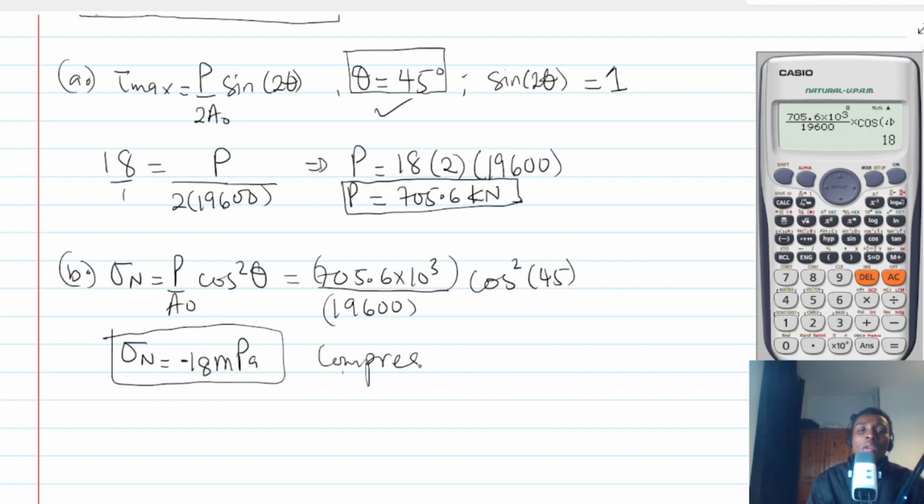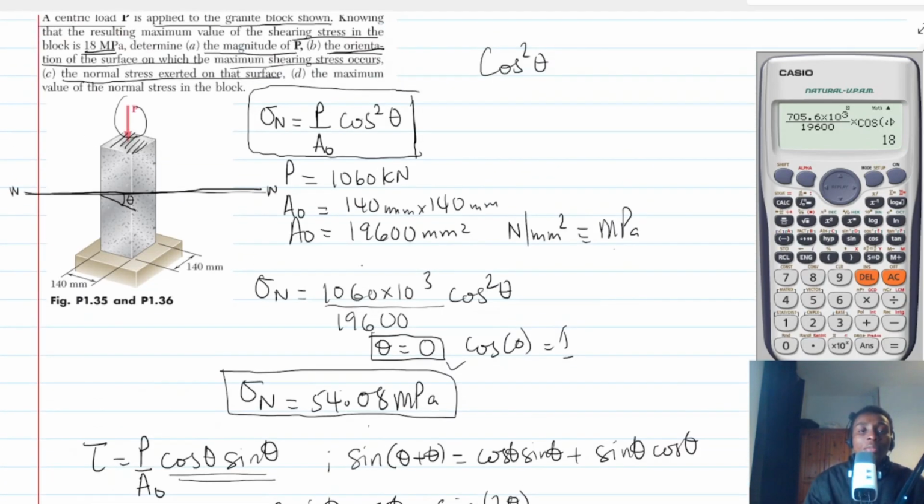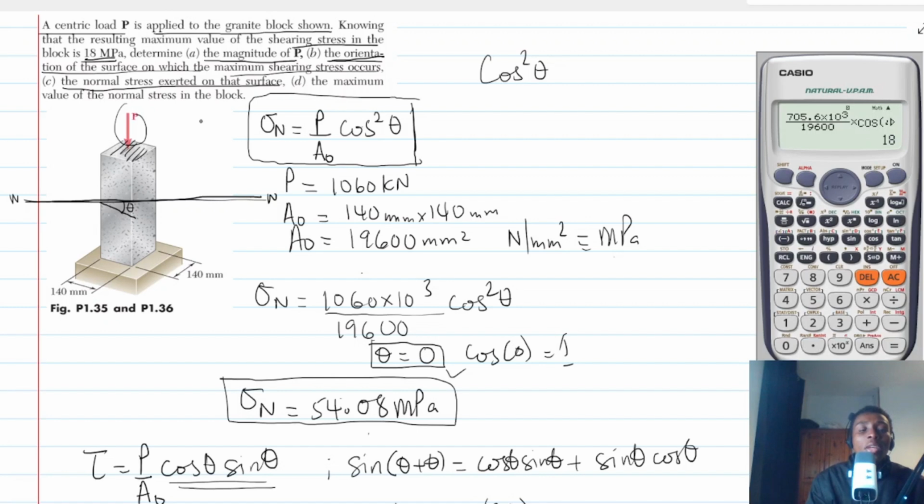And the last part of the problem is the maximum value of the normal stress.